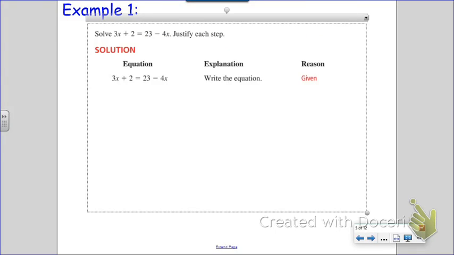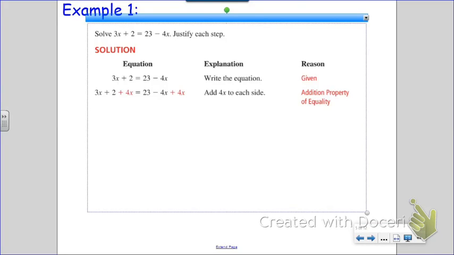Our first problem example is solving an algebra equation, and then we'll look at the steps for solving. So first we have to rewrite the equation, which our reason is given. We then are going to add 4x to each side, which is the addition property.